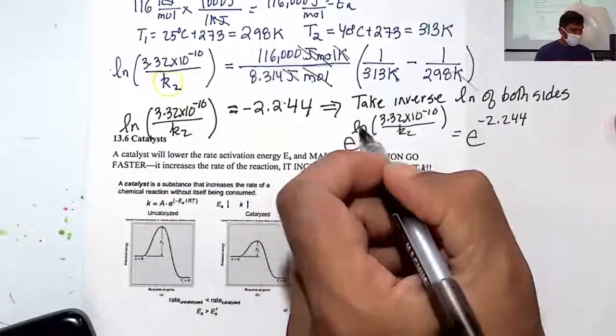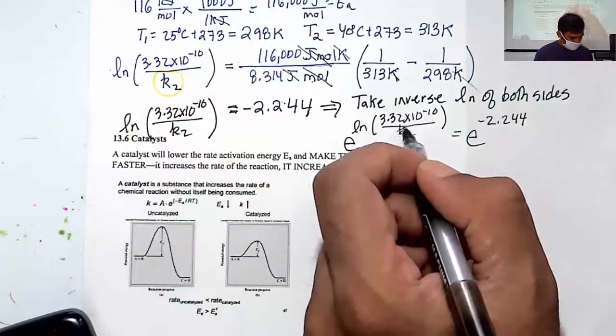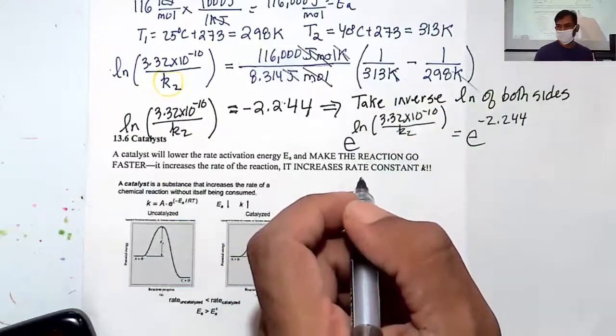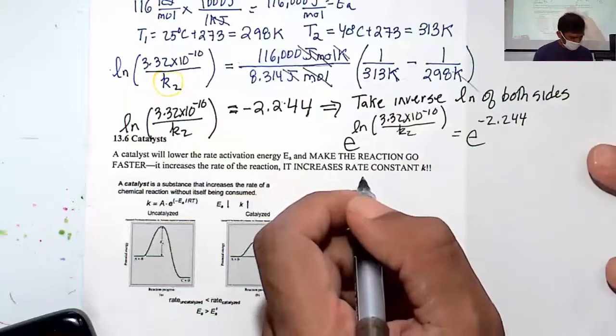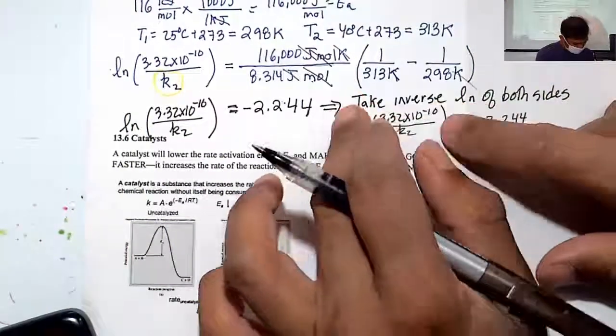Okay, what is e to the power of natural log of something? It's that something. So e to the natural log of x is just x. Remember this from the first problem we did?